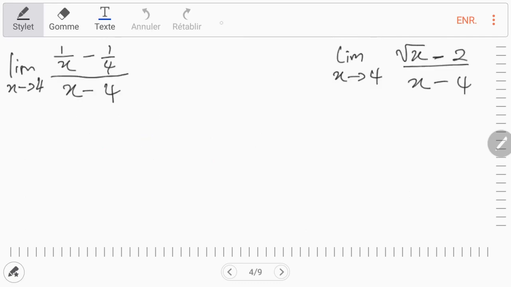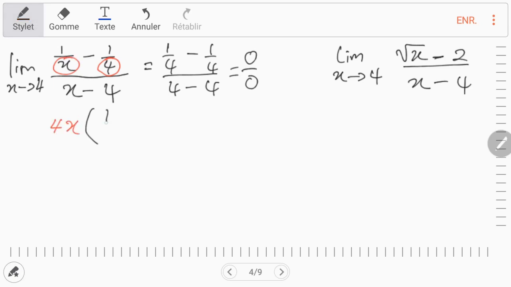Here, if we solve directly by substitution, we obtain 1 all over 4 minus 1 all over x, all over 4 minus 4, which is 0 over 0, indeterminate. Here, you take the common denominator 4x: 1 all over 4 minus 1 all over x, all over x minus 4, and 4x down also.